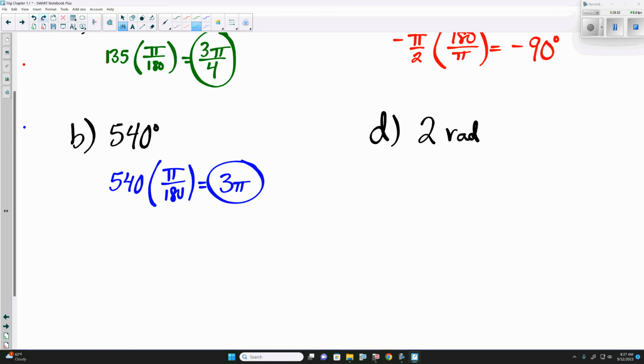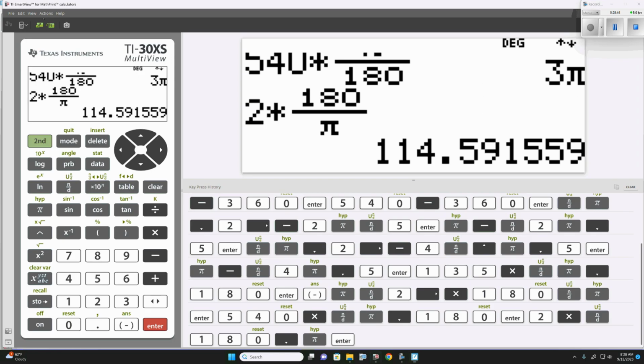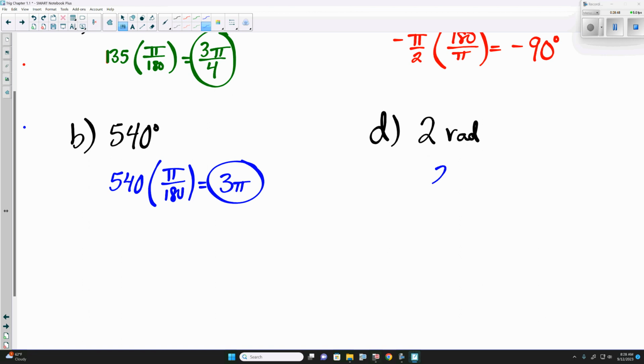Where are we? That's funny. Because this should be pi. No. Yeah. I had that right. No, why? So I can guess 114.59 degrees. Because 2 times 180 over pi, 114.59 degrees. I messed myself up when I put the R, but that is the correct answer.